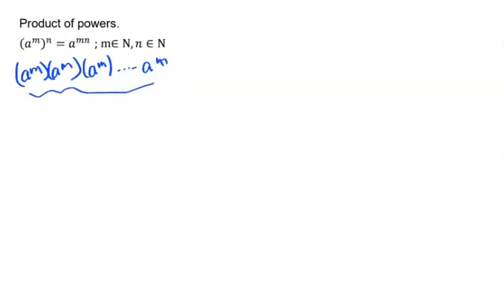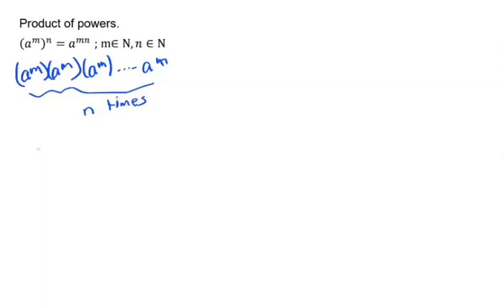In this case, we have a already to the power of m and then raised to the power of n again. So on the left hand side we have a to the m times a to the m times a to the m, n times.